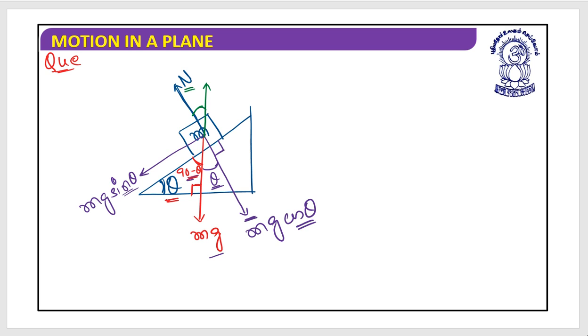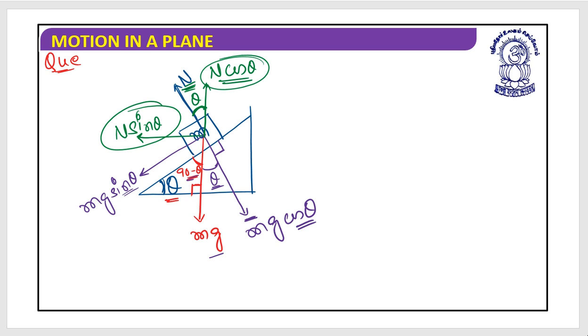If this is theta, this must be theta. So this N makes an angle theta with this line. So this will make a cos component, it's N cos theta, and this component will be N sin theta. So these things have been done.